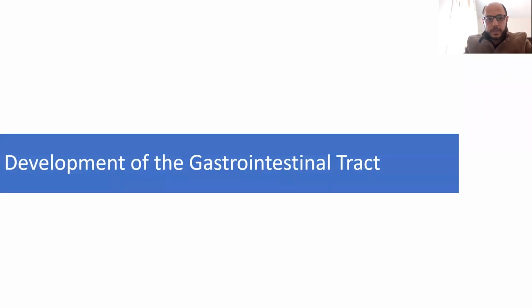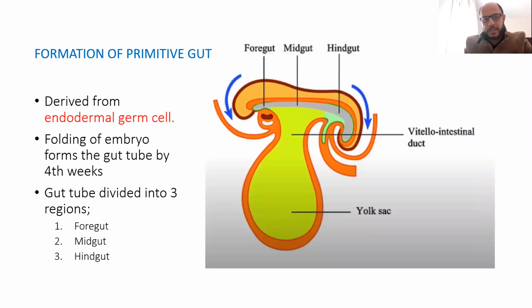Okay, development of the gastrointestinal tract. As everybody knows, during early development the GI tract is derived from endodermal germ cells. We have 3 germ layers: endoderm, mesoderm, and ectoderm. What are the organs derived from the ectoderm?